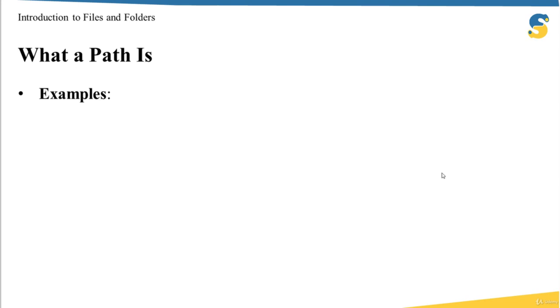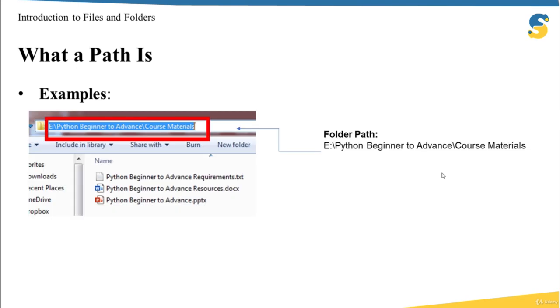Let's see an example. You might have the following folder, which is inside the directory E, then Python beginner to advanced, then course material. In this case, we call this part here within the red rectangle a folder path. Now, within this folder, we have a file, and this file name is Python beginner to advanced requirements.txt, which is a text file.